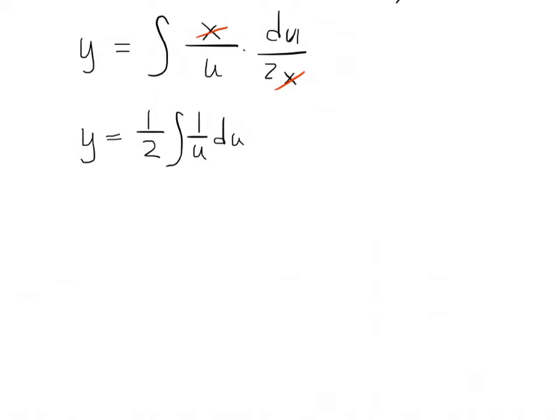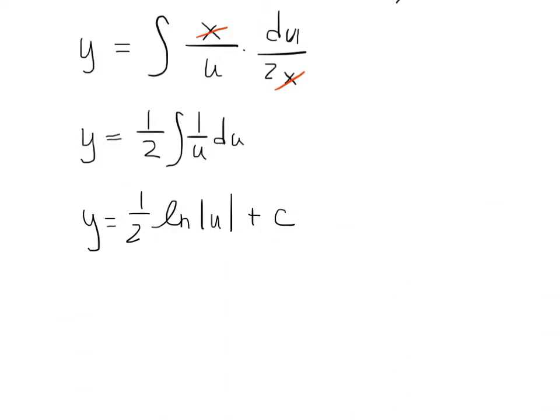I'm just following through, doing what I'm supposed to do. This is now y equals, and I'm ready to take this integral, 1/2 the natural log of the absolute value of u plus c. At this point, I've completed step 2. Remember, step 1 was multiplying the dx over, and step 2 was taking the antiderivative. I'm basically done taking the antiderivative.